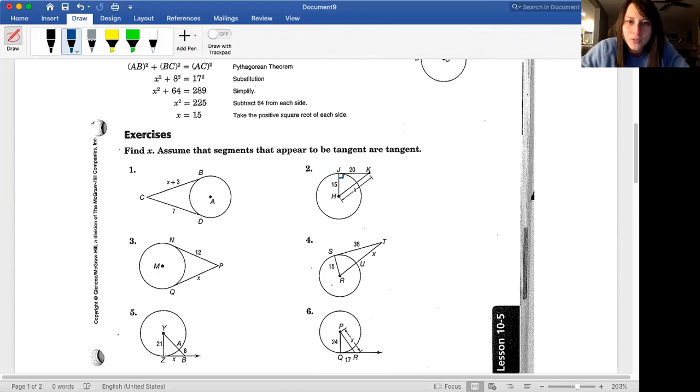So when I create these two segments and then I connect H to K, and it says I'm looking for this whole length here. Well, the crazy thing is you've just created a right triangle, and we love using our right triangles, right? So we can find the hypotenuse using the Pythagorean theorem. 15 squared plus 20 squared equals x squared. And you can work it out.